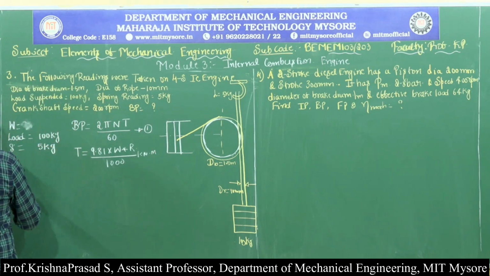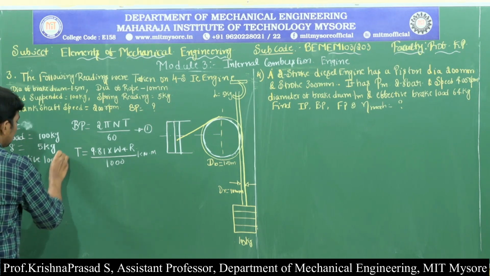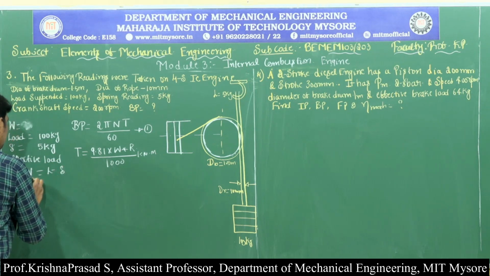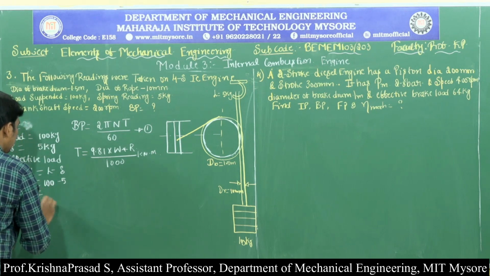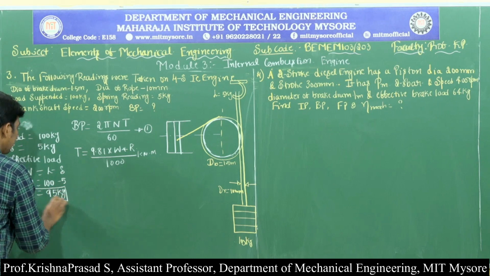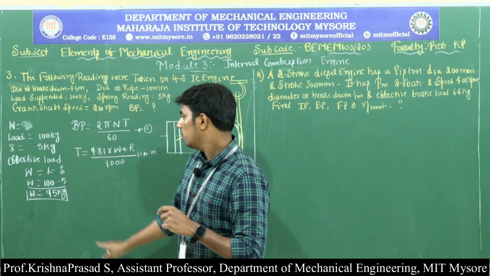Therefore effective load W is equal to L minus S, that is 100 minus 5, that is total effective load, it is 95 kg. Okay, total effective load is called 95 kg.